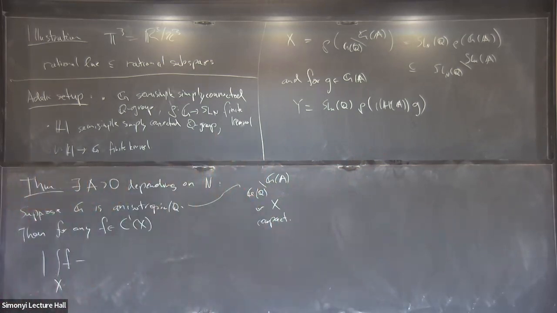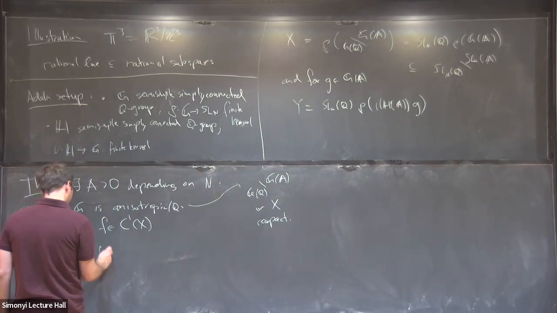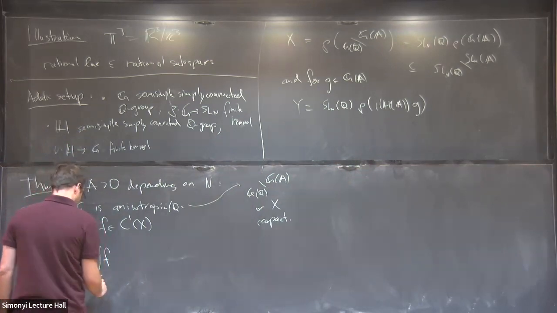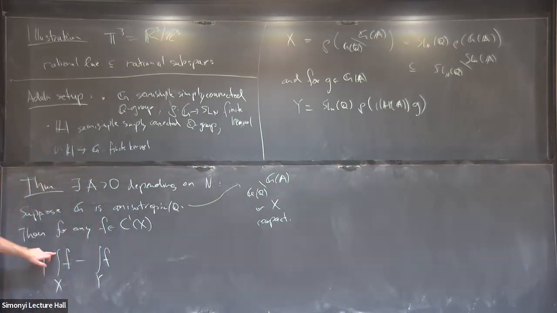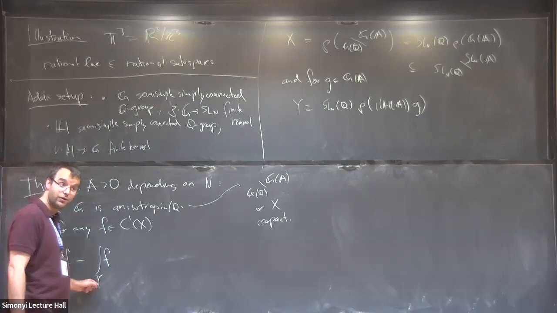So we know what an invariant measure is. In fact, it's a finite module, I didn't say. This is true for any semisimple group. I'm trying to compare the measure on the average over the ambient space to the average over my wild orbit inside.